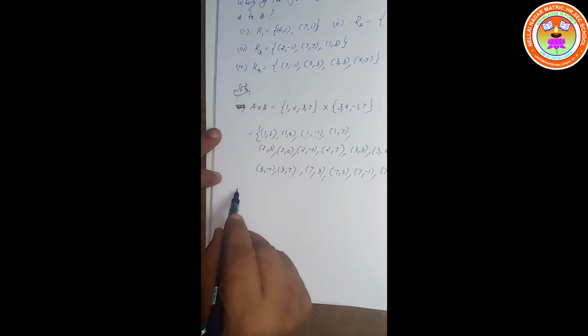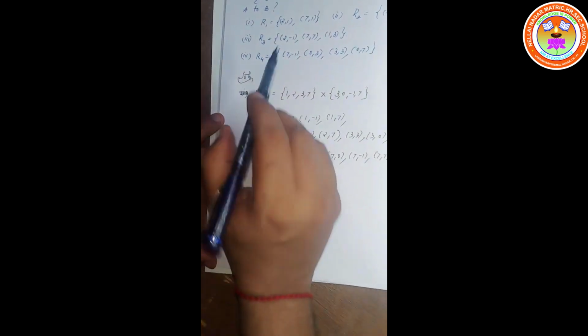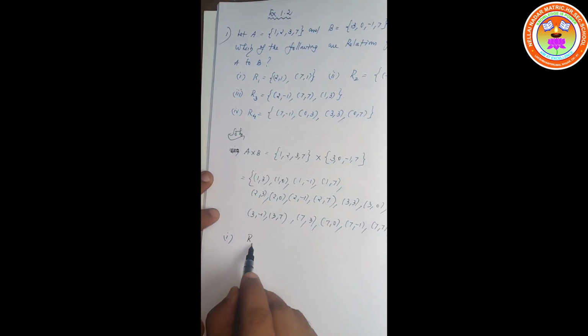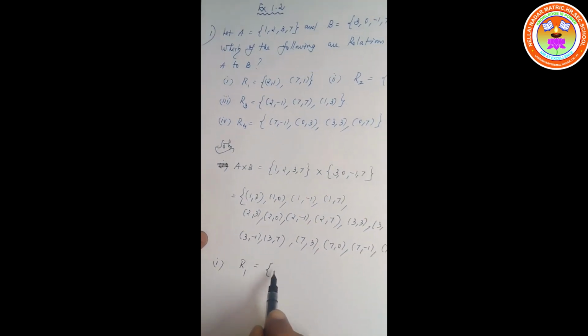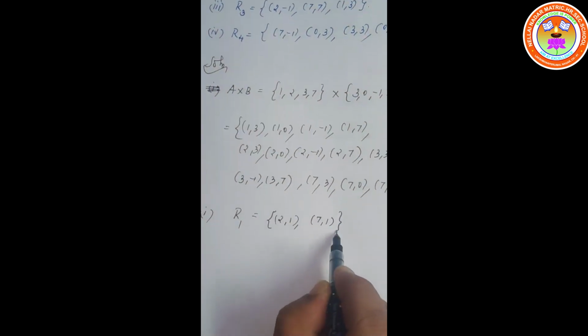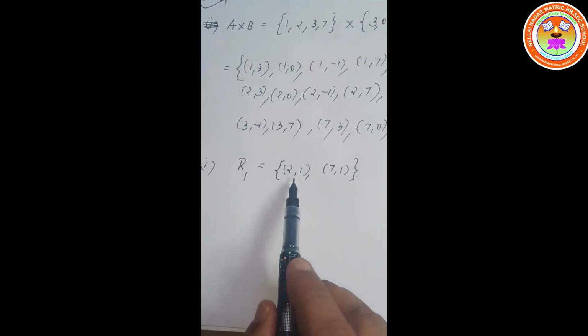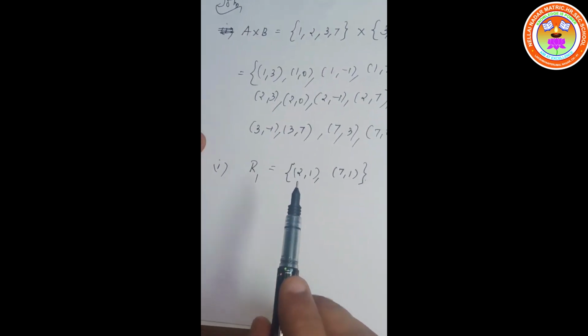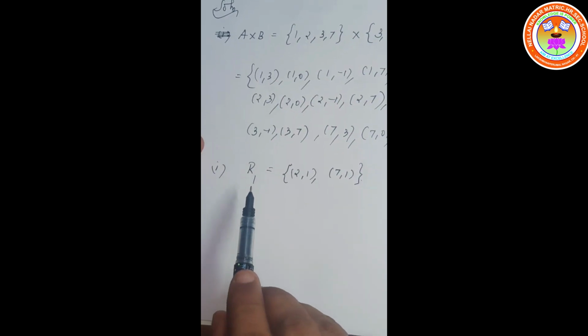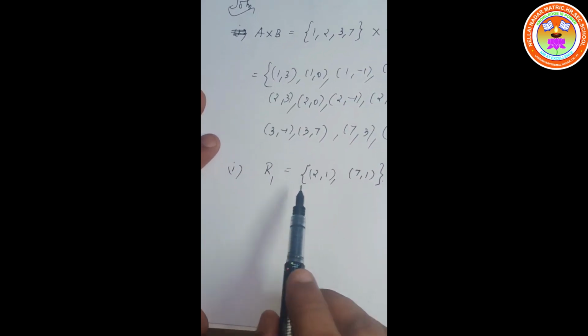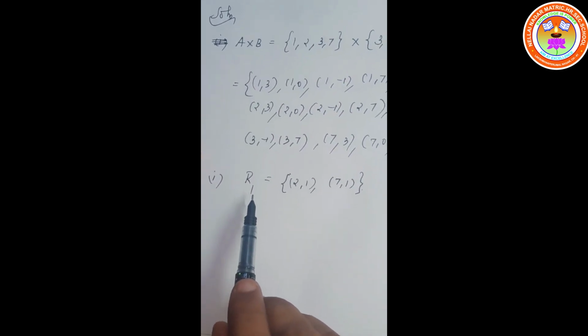After that, subdivision number 1. In subdivision number 1, you are given R1 that is equal to {(2, 1), (7, 1)}. Very simple, listen. Already I have told, if it is a relation, that relation should be a subset of A cross B. Correct?